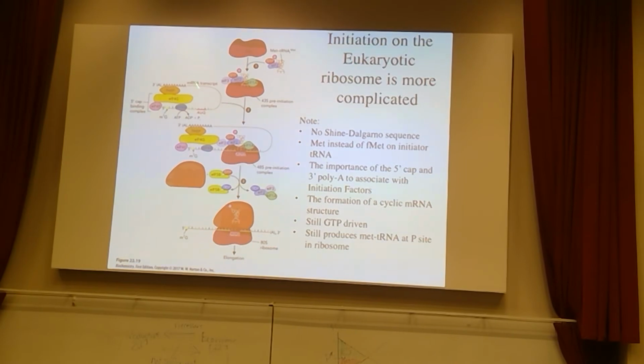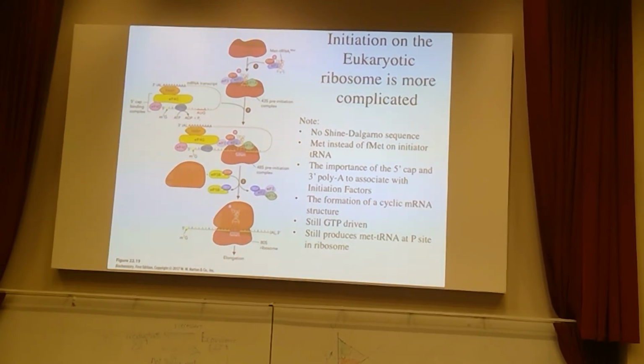So it's actually not just the mRNA itself, it's already being associated with different protein factors, initiation factors, and other proteins that are going to bind to and recognize both the 5' cap and the 3' polyadenylate. And you should remember these as being really critical components of the processing of mRNAs in eukaryotes.